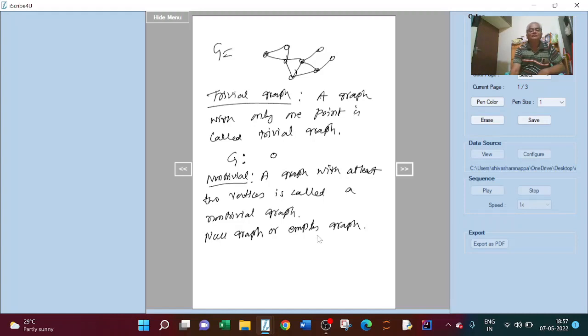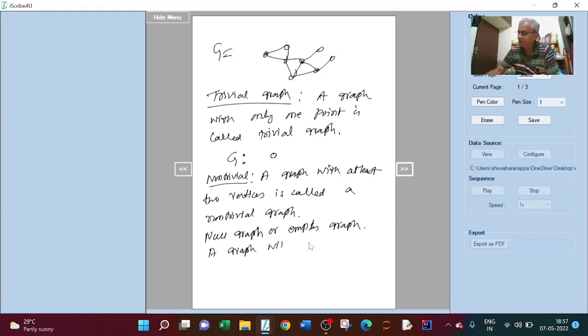A null graph is nothing but a graph without edges, that is, the edge set is the empty set. Sometimes we say it is a totally disconnected graph.